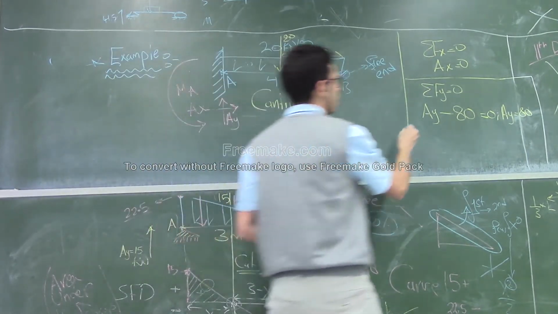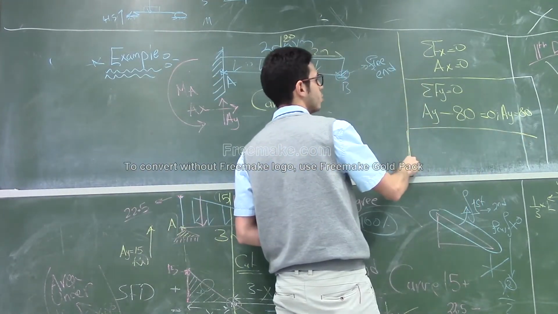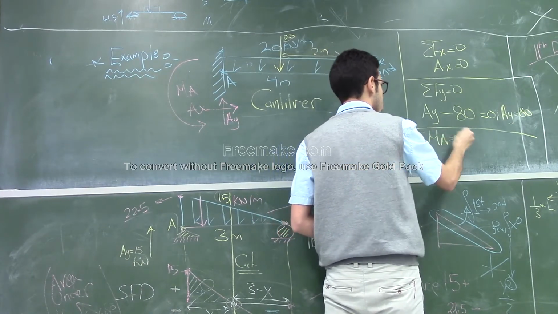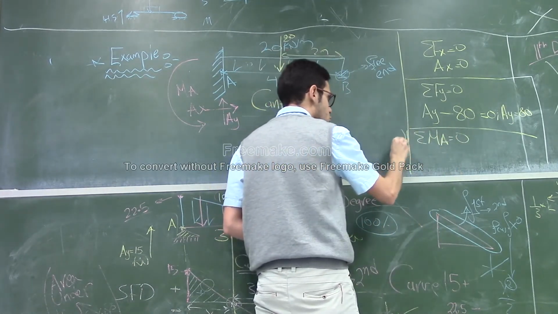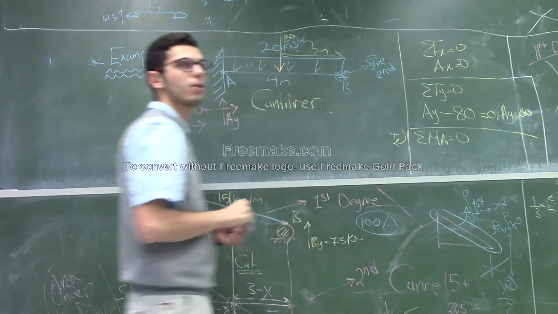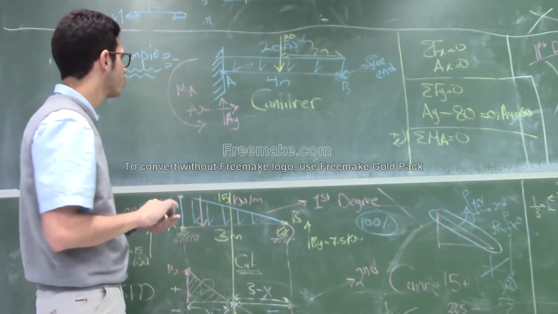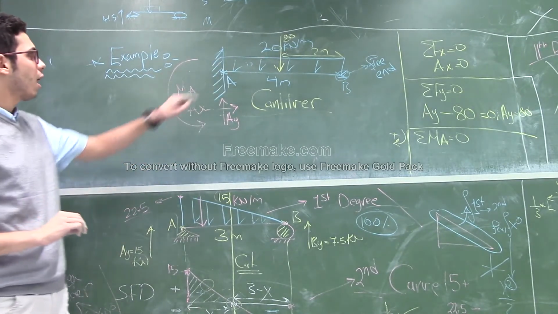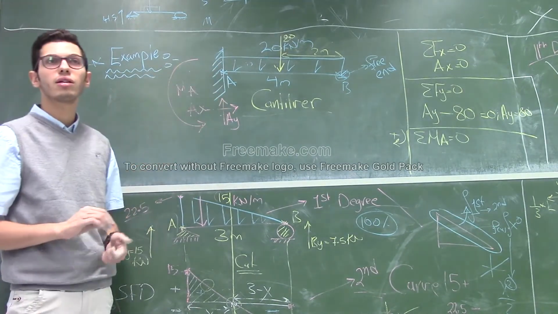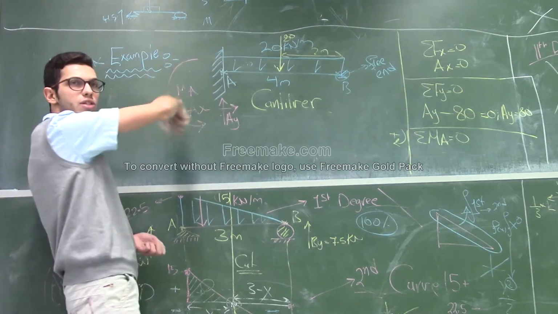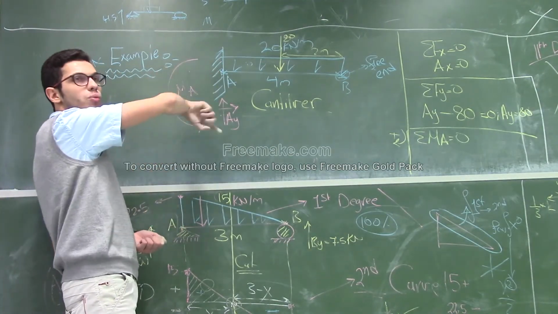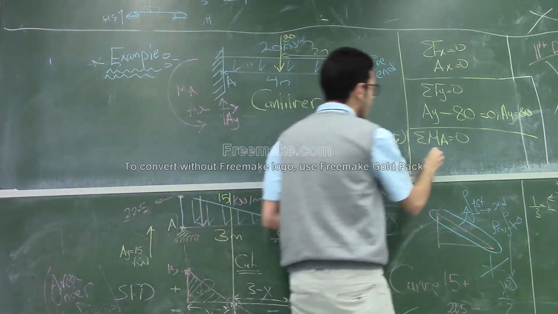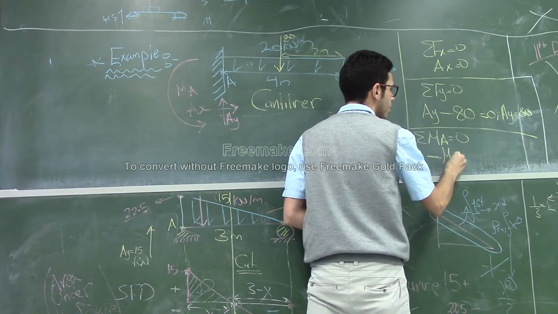Finally, we should apply the last equation, which is the summation of the moments at point A equal to 0. I will assume the clockwise direction is the positive one. AY and AX do not make any moment here. At the point A, we have MA, and I assumed that it's counterclockwise, so it's negative. So minus MA.